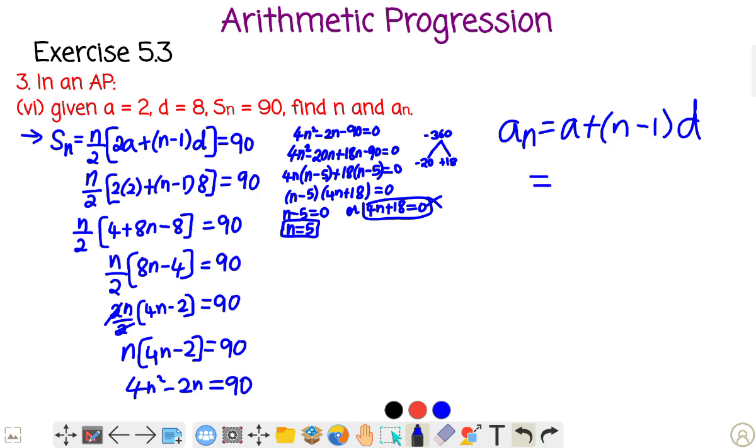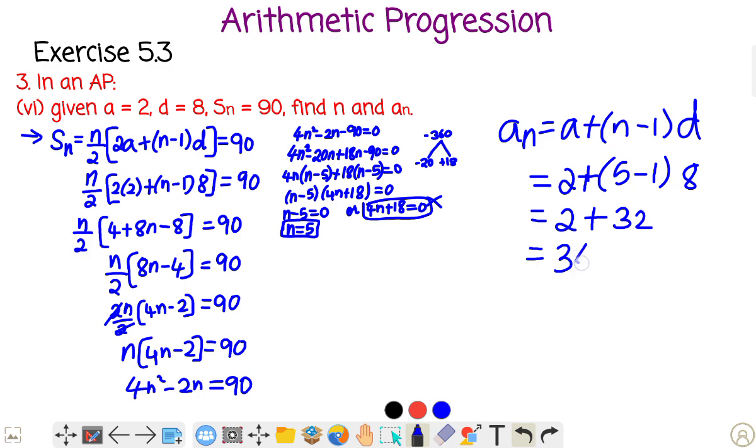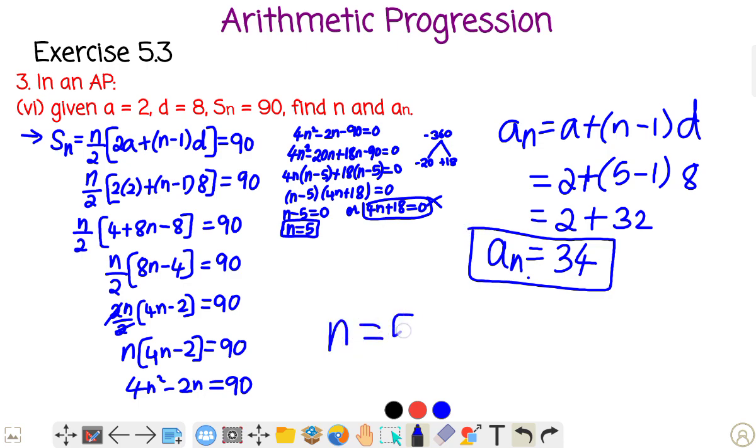So an is equal to a value, which is 2, plus n value we just found, 5, minus 1, into d value, which is 8. So this is 2 plus 4 eights are 32. This is equal to 34. So therefore the required n value is 5 and an value is 34. This is what they have asked us to find out.